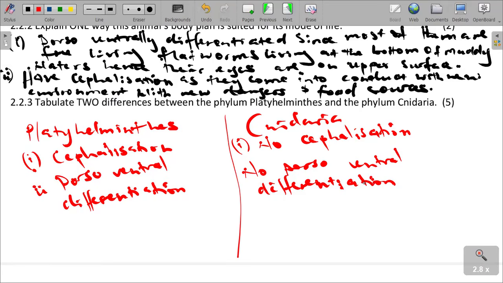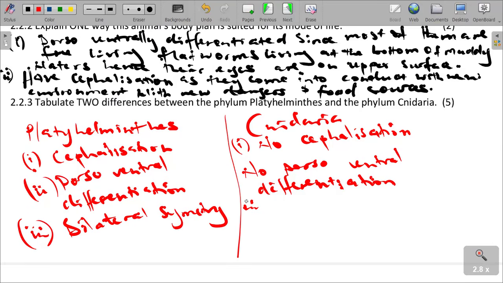Number three, we might also need to talk about the symmetry. We have a bilateral symmetry here, and the other one has a radial symmetry.